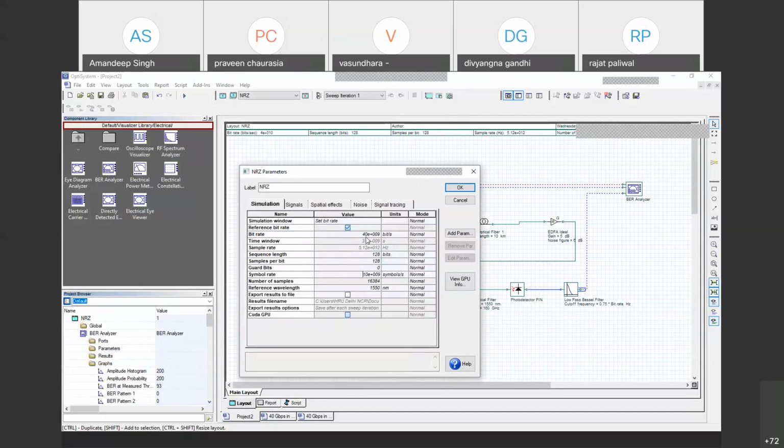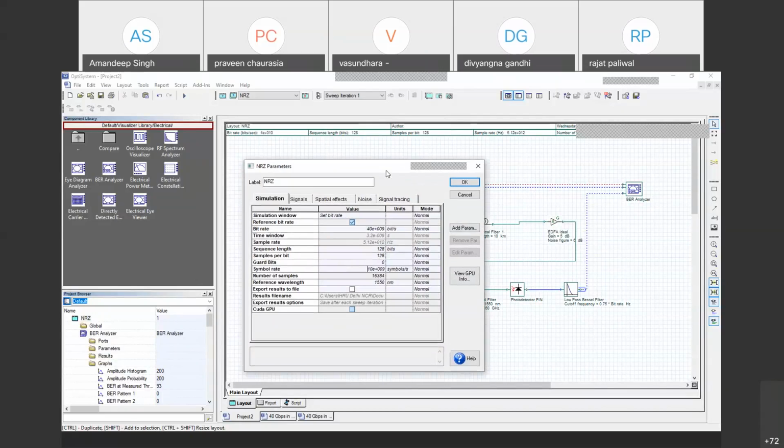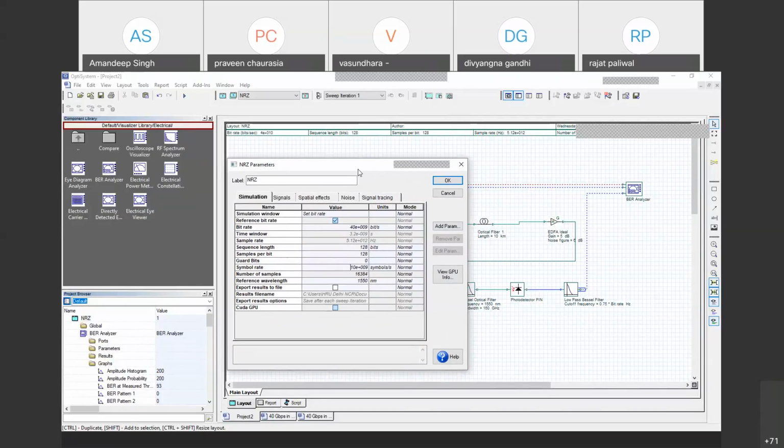If your bitrate is very high, the result will be negligible. But if your bitrate is low, say 5 Gbps, then the result can be visualized within this limit, and your visualizers and mathematical calculation will work.